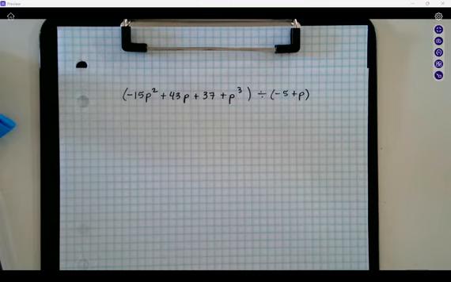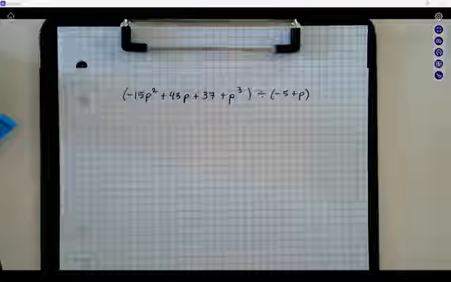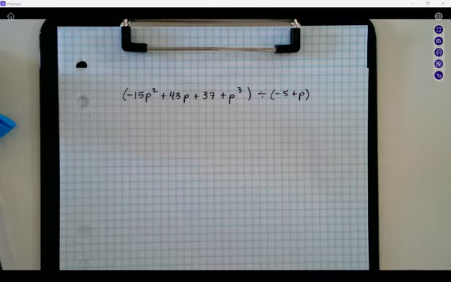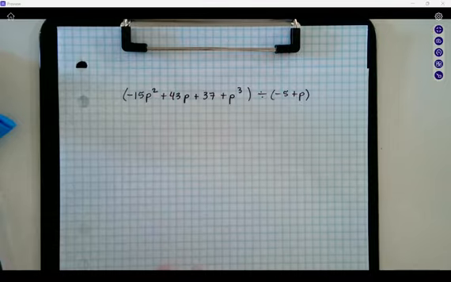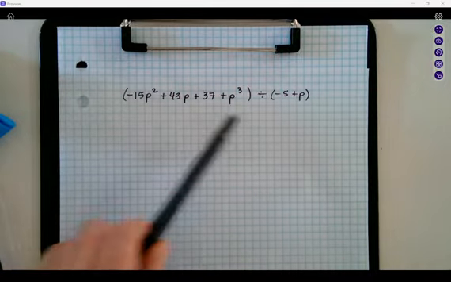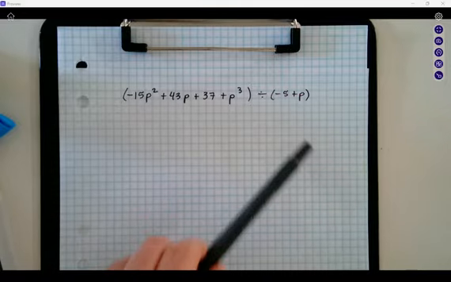First, you want to make sure that your dividend and your divisor are both listed in appropriate order. So that's with your degrees descending, going from greatest degree to least. And then you want to make sure that you're not missing any terms between your highest degree of your dividend and the constant.